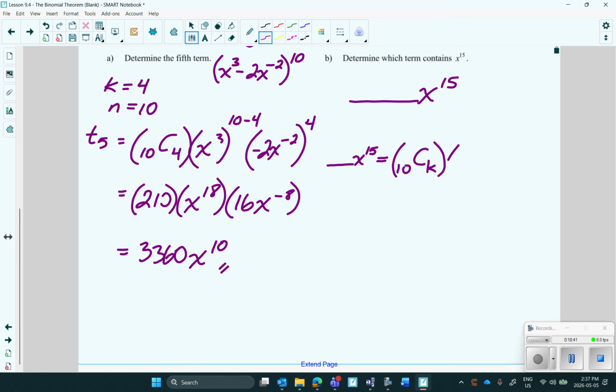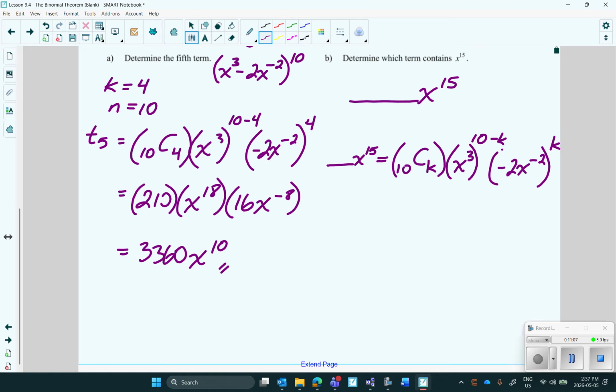And then it's going to be x to the third to the 10 minus k. Again, I don't know what k is. Times negative 2x to the negative second to the k. So somehow out of all of this, I know it looks complicated, we've got to figure out what k is.